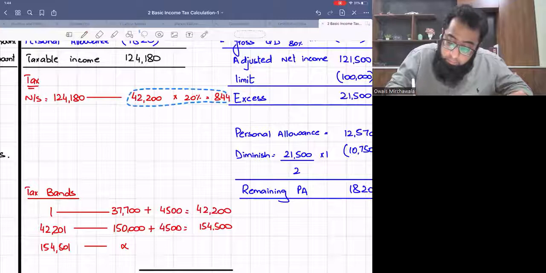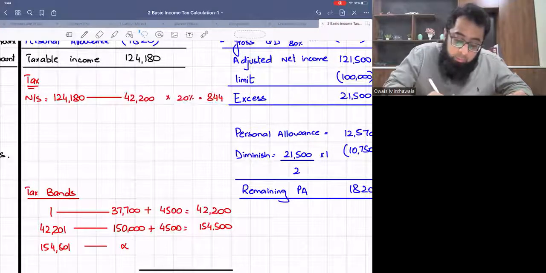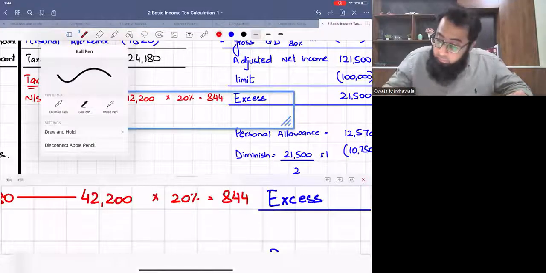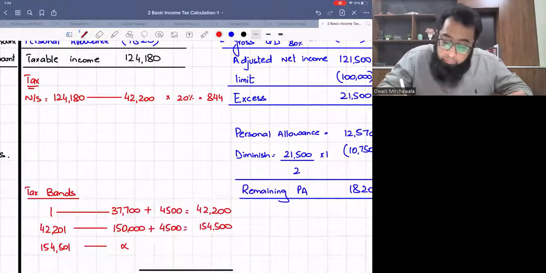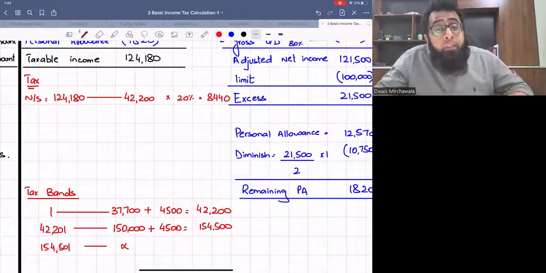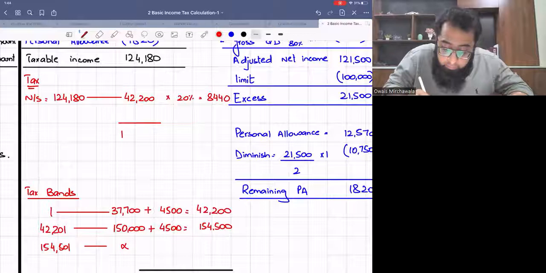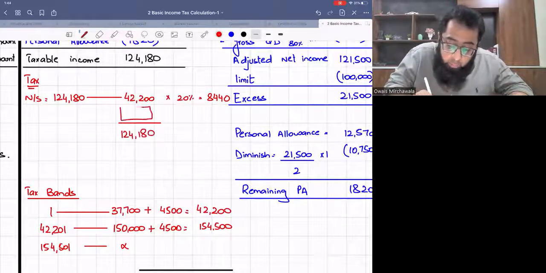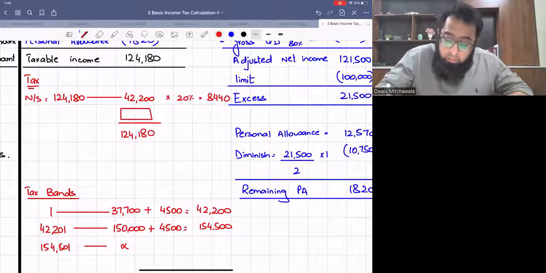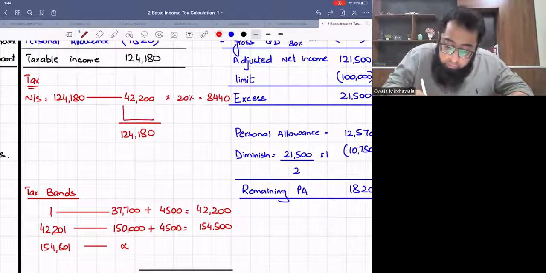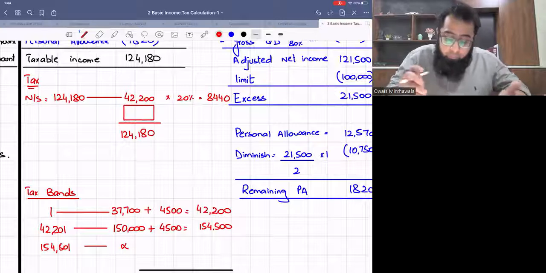So it will be 8,440. Now, normally the first tax band is 37,700, but in this case, our first band has got extended. Now we are in the second band, which goes up to 154,500, but obviously our income is not that much.